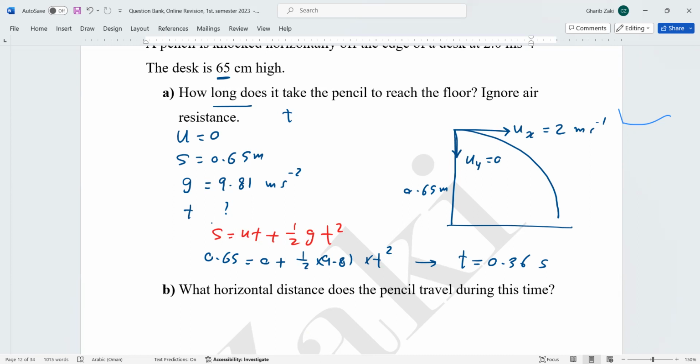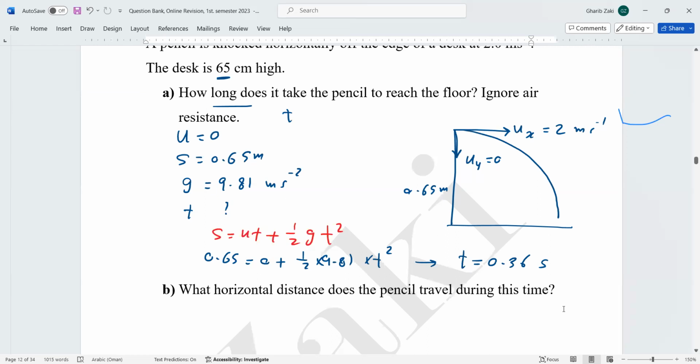The answer here is 0.13. Oh, this is t squared. Take the square root of the answer, so it is 0.367. That's right.